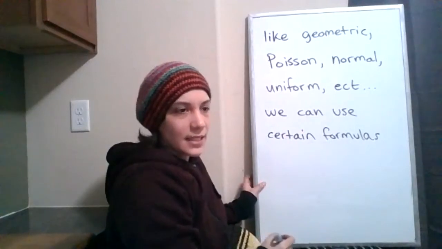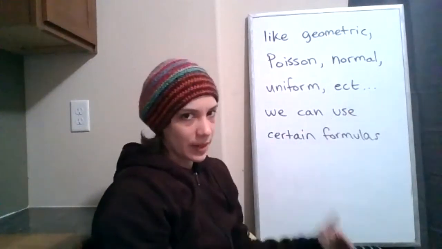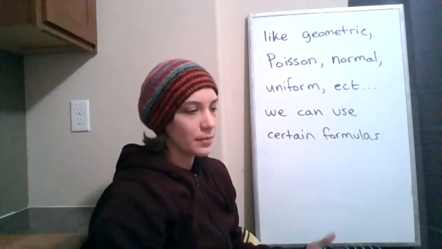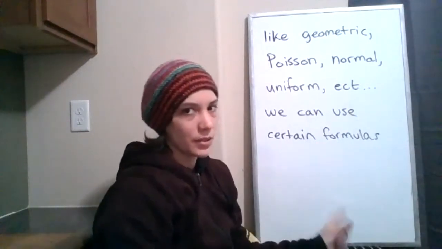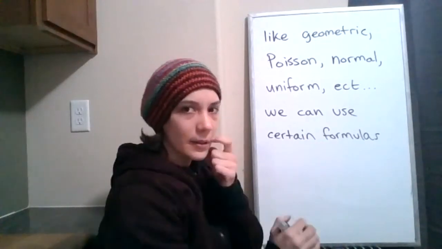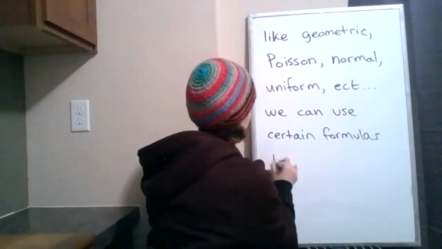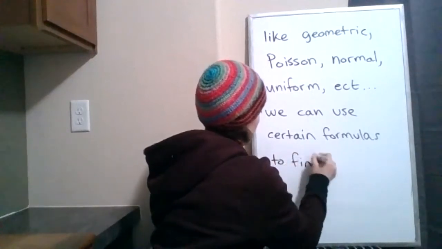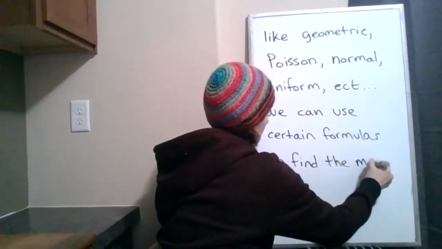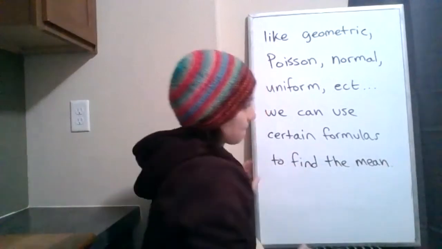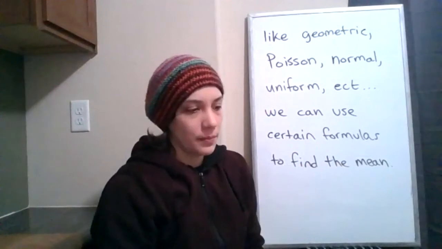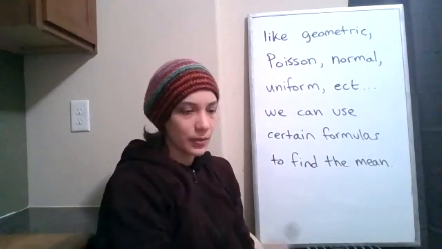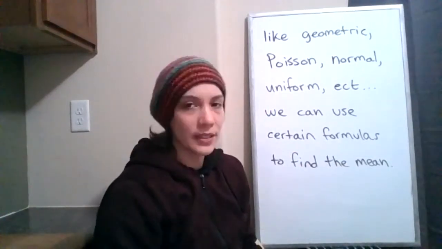When I took stats, luckily my teacher let me use a whole sheet, like a cheat sheet, so I didn't have to memorize them. But for each distribution, there's a way to find the mean. And for the next distribution, you can plug in numbers to get the mean. Coming next, after this example, we're going to talk about the normal distribution, and I'm just going to tell you what the mean is.